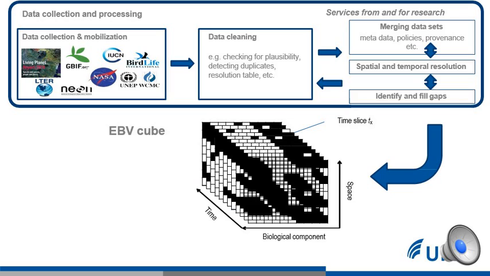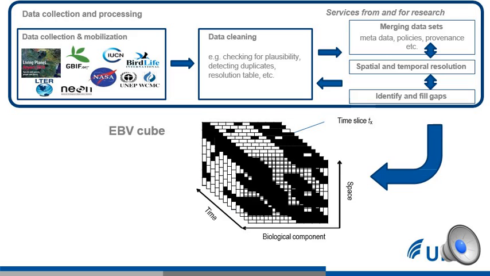I'm only mentioning a few, but one of them is definitely GBIF. And GBIF, for the moment, has done a lot of work cleaning data, checking for plausibility, detecting duplicates, and so on and so on. But that's only based on one kind of data set and one kind of EBV, which is a kind of species distribution EBV.